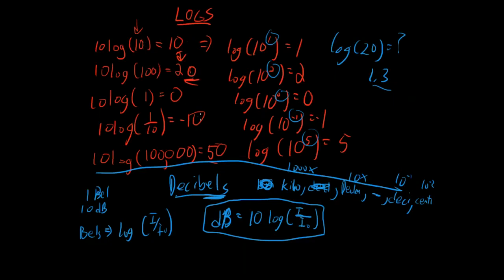And you can see what happens then too. If we go from 20 to 40, so 10 log of 10 to the 4th would be 40, and that's 10,000. So we go from 10 to 10,000. That's 4 times the loudness, but it's going to be 1,000 times more energy involved.